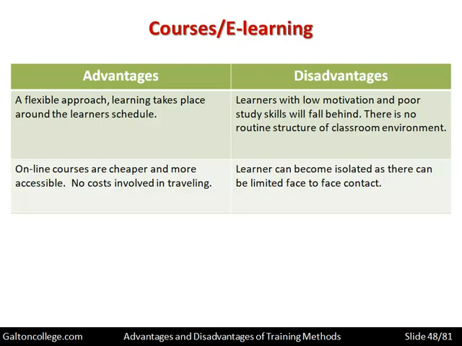The disadvantage is learners can become isolated and there can be limited face-to-face contact. A lot of online courses are dealing with this and trying to offer contact through video conferencing, for example, or the use of videos.